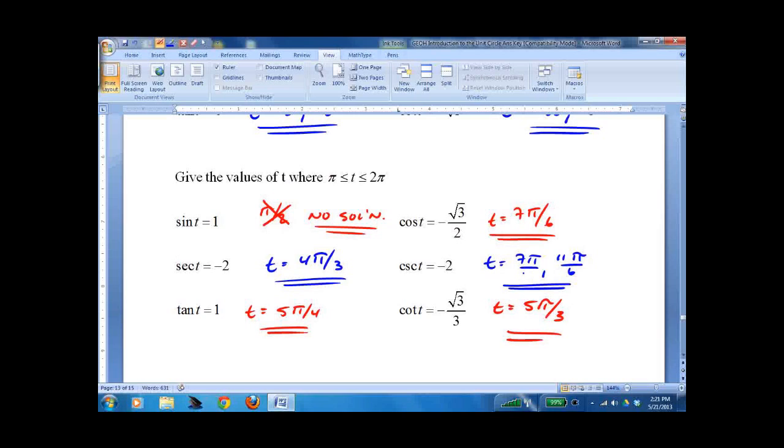That's it. Hopefully this makes sense. And again, if you're confused, say, well, let me go find cosecant of 7 pi over 6 and see if that actually gets me negative 2. If it does, maybe you can unwrap it, figure out how we did that. Good luck.